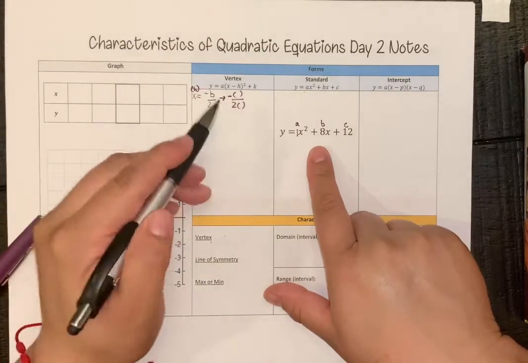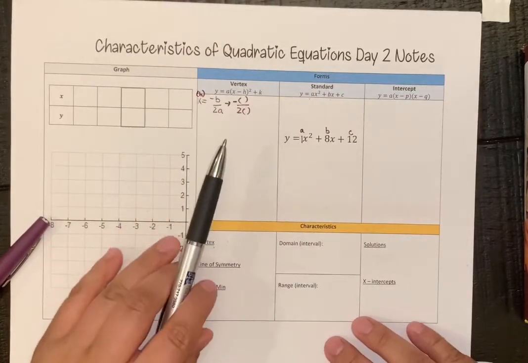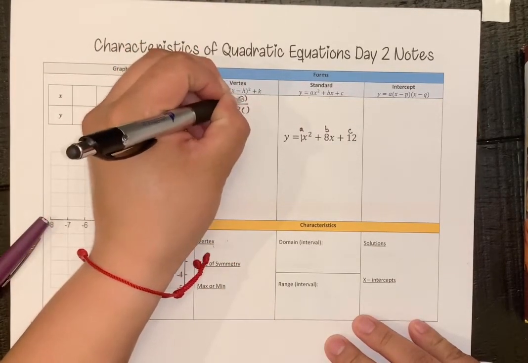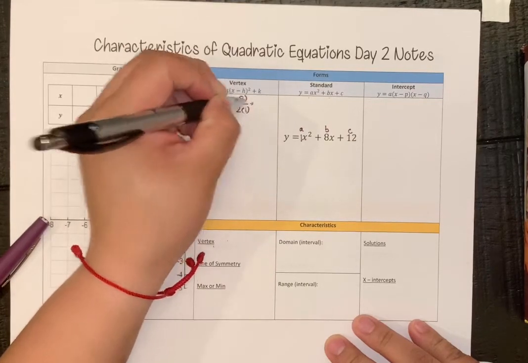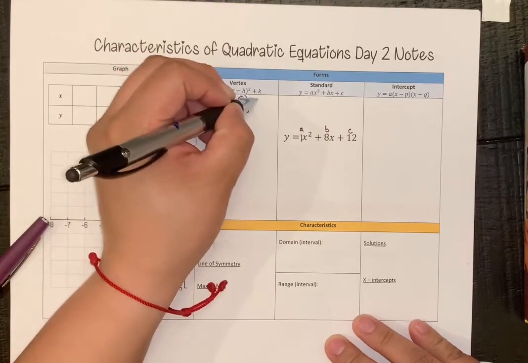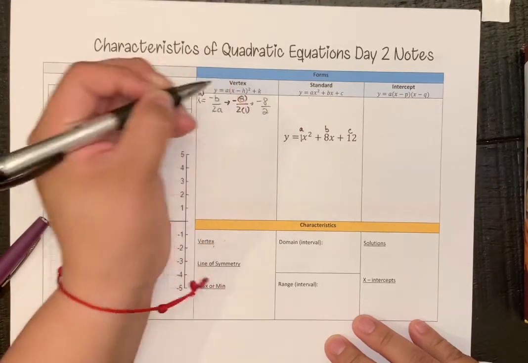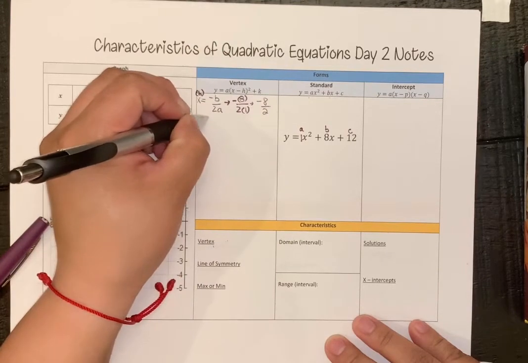Keep in mind that I'm getting my b and my a from my standard form. Here, my b is 8, and my a is 1. So that negative 8 becomes negative 8, and 2 times 1 becomes 2. Negative 8 divided by 2 is negative 4.